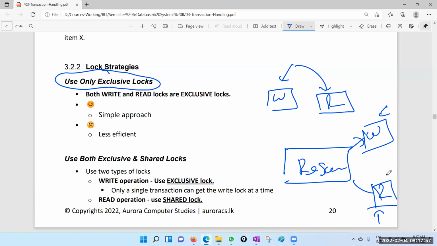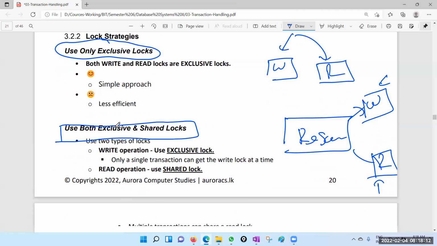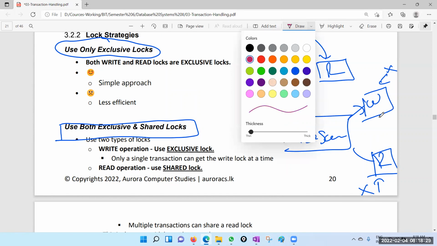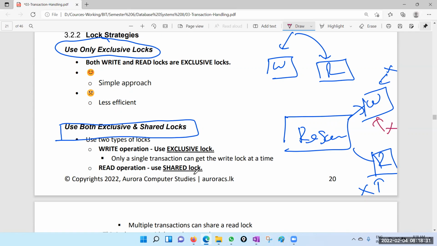Okay, so that is called the exclusive lock strategy, which is not used much because it's not efficient compared to the second approach, where you have two types of locks, write lock and read lock, but here the write lock is exclusive and the read lock is shared.